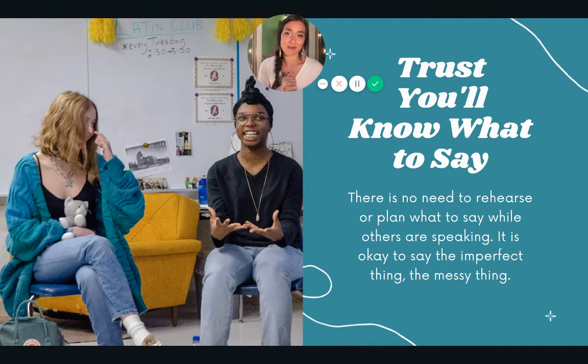So these circles are not about entertaining one another or coming up with the most intelligent thing you can muster. These circles are about realness and they're about connection. So the idea is that wait till you get that talking piece and just trust you'll know what to say. That messy, imperfect human thing is great, and allow that to come out. Trust you'll know what to say.